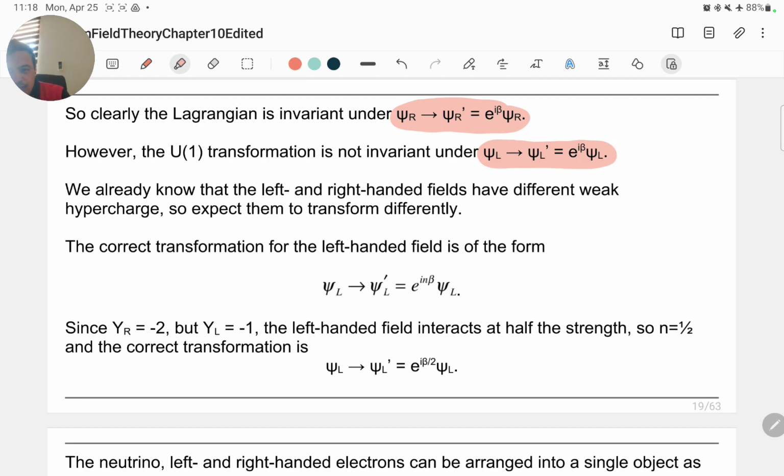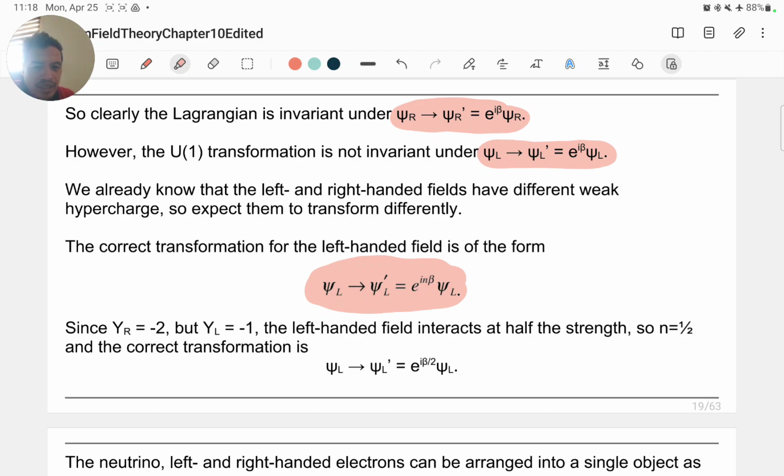So this is the correct transformation of the left-handed field here. This is due to the different weak hypercharges between the two kinds of leptons. Since YR is -2 and YL is -1, the left-handed field interacts at half the strength.